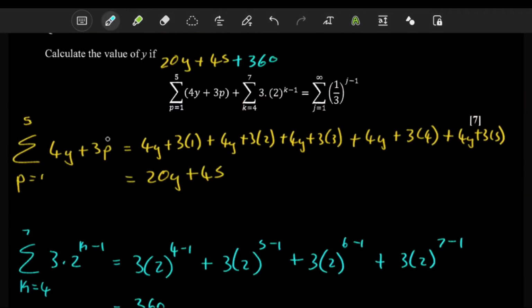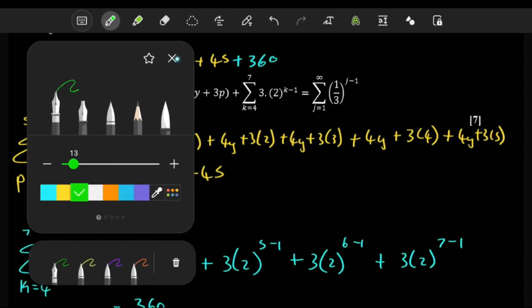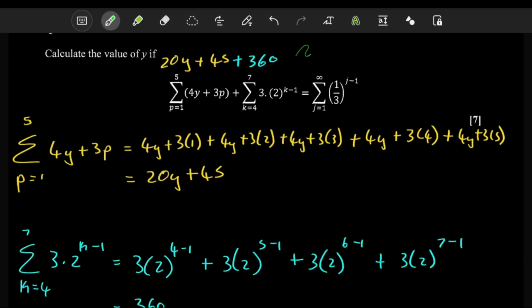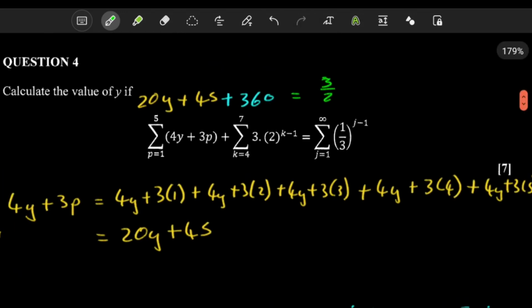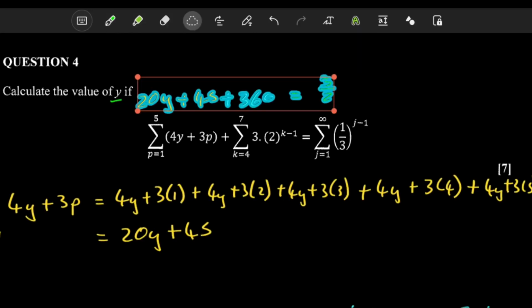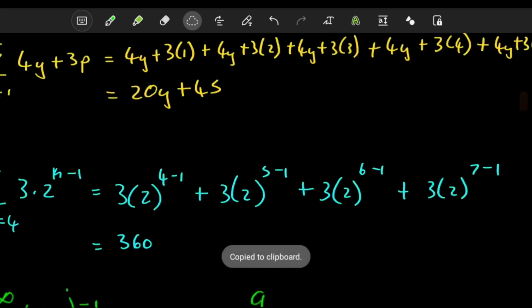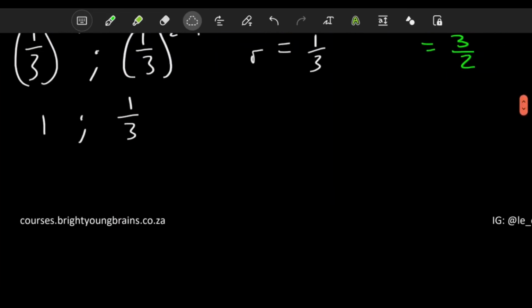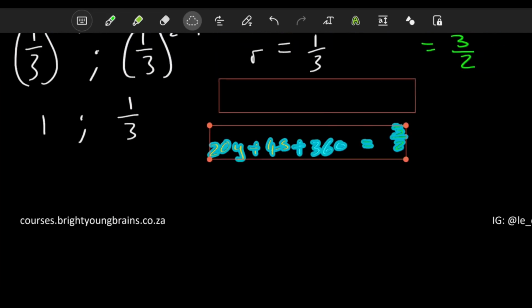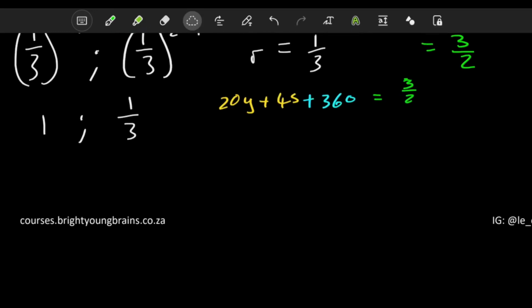And then they've told us that this is all equal to 3 over 2. Technically, to get the value of y, we can just simply solve this equation. So let us do it. Solving that equation, let's paste it here. This is more like a conclusion, so we can say, therefore, this is our equation.